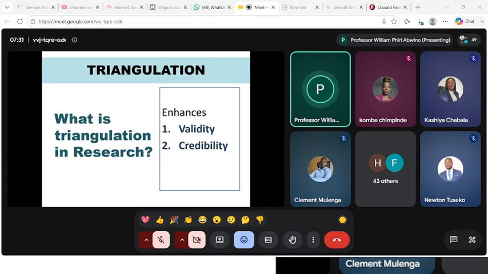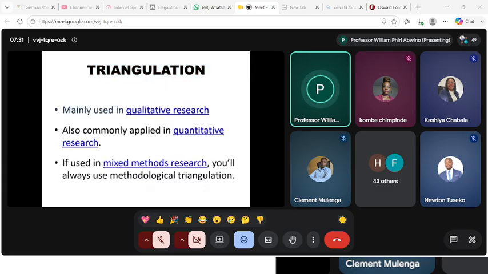That's what we mean. We are arguing, ladies and gentlemen, that if used in mixed methods research, then definitely you always use the methodological triangulation, where you use different methods.